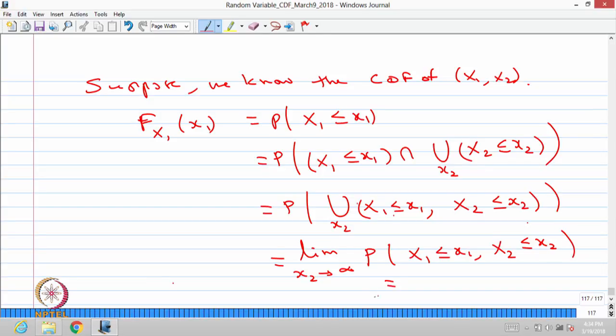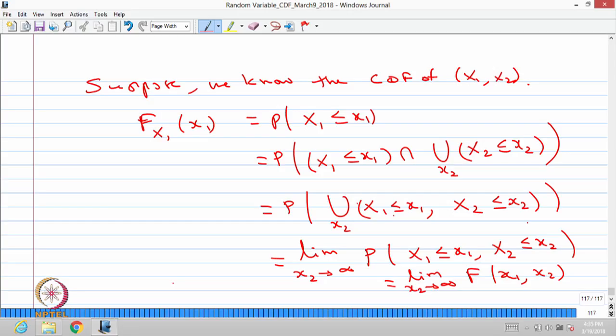That is the same as the limit as x2 tends to infinity of capital F of x1 with x2. That means if you know the CDF of X1, X2, by taking the limit of the other variable tending to plus infinity, that will give the CDF of the other random variable.